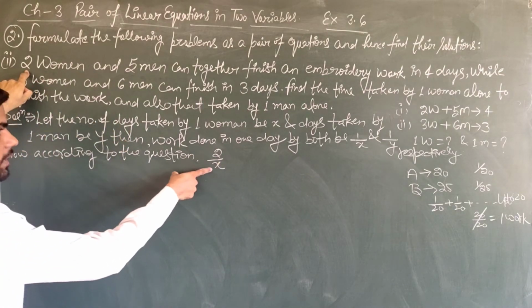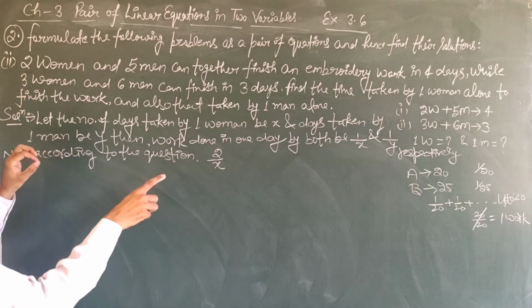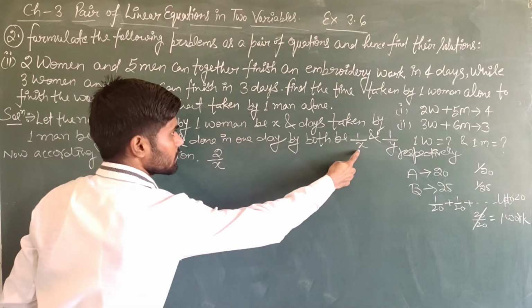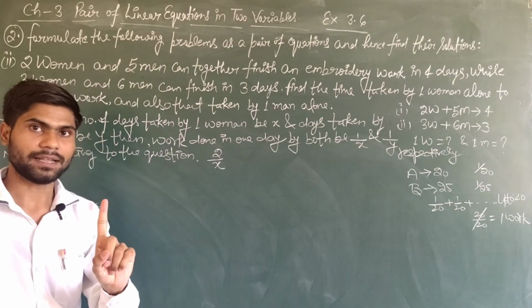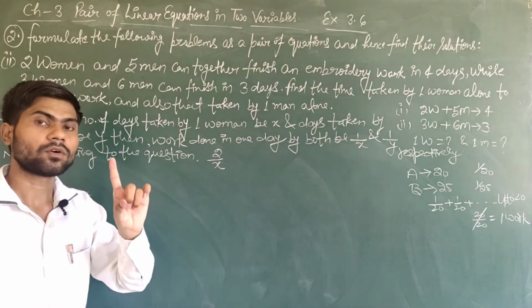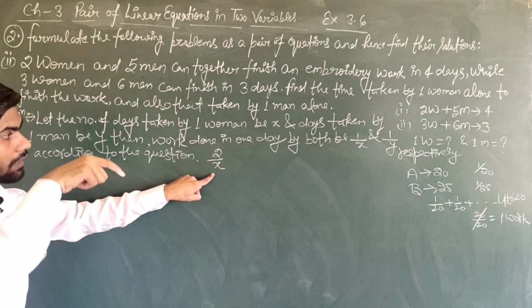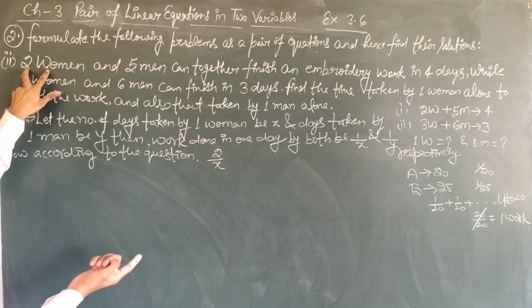This is an important thing in your question. I repeat again. If 1 upon x is work done by 1 woman in 1 day, then 2 upon x will be work done in 1 day by 2 women. That is simple.